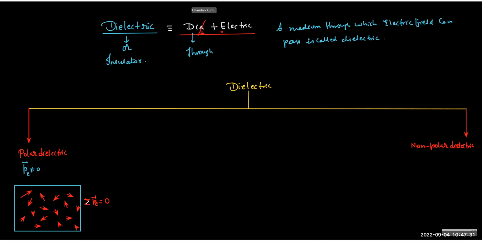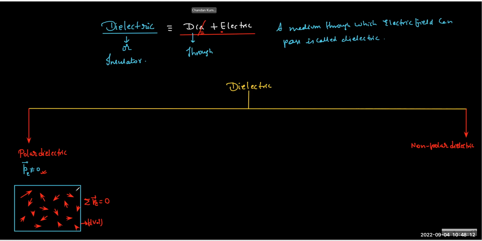This medium is a polar dielectric, because every molecule has some intrinsic dipole moment, but the vector summation is zero, so the medium as a whole does not have a dipole moment. Even in an elementary volume you will find an infinite number of dipoles, and if I add them up, it must give zero. So we call such a medium a polar dielectric.